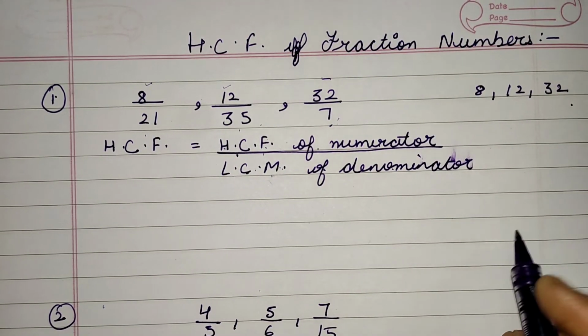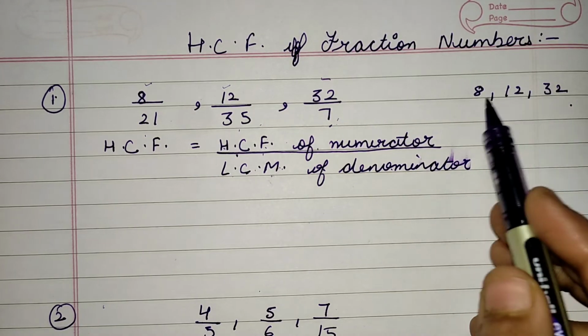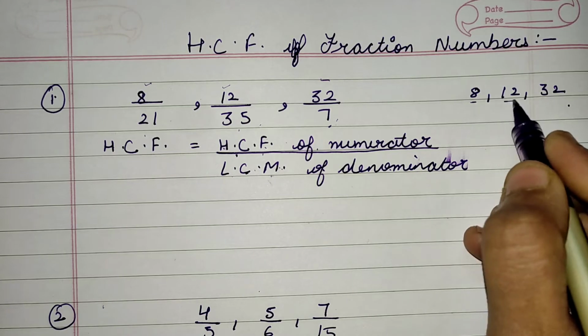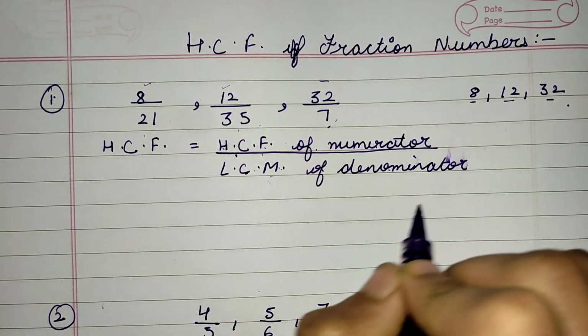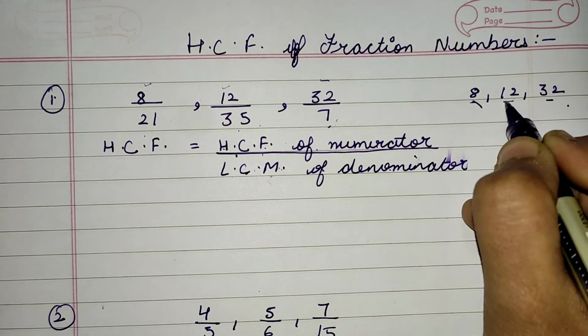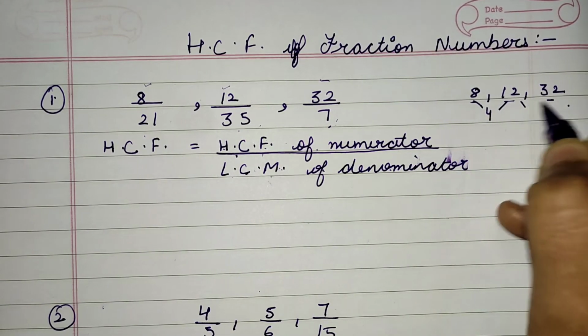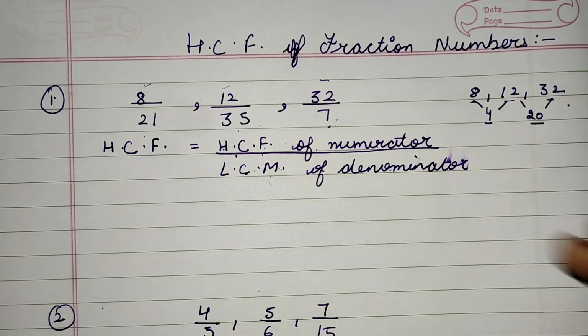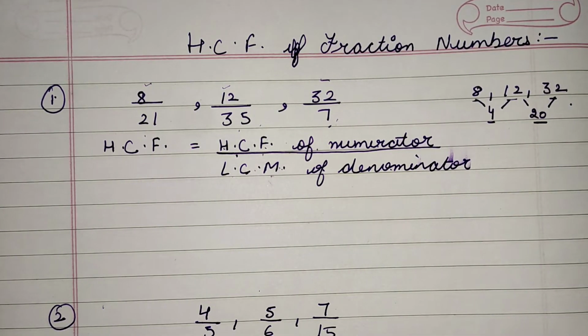To find the HCF, we first write our numbers in ascending order. My numbers are already in ascending order. Then we take out the difference between the numbers, which gives me 4 and 20 in this case.